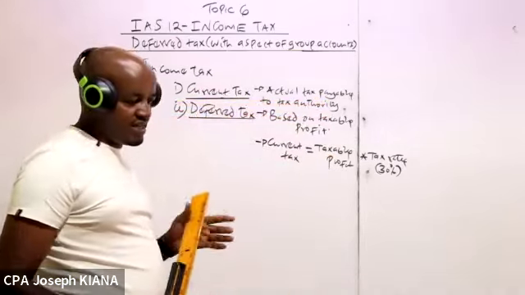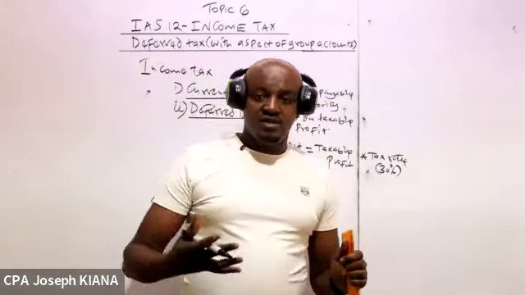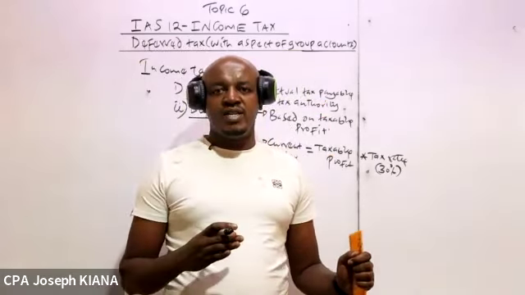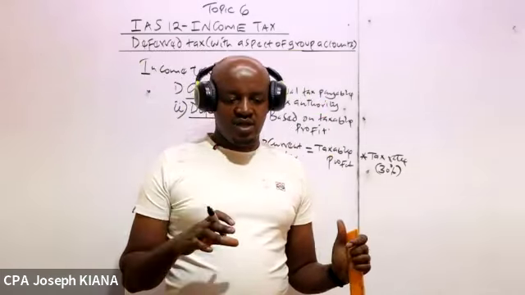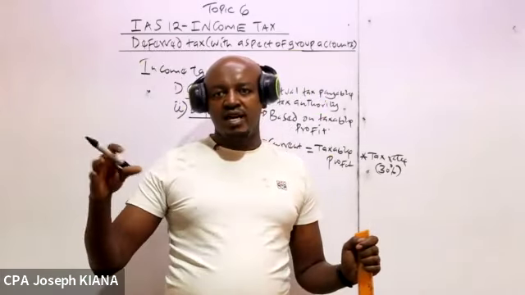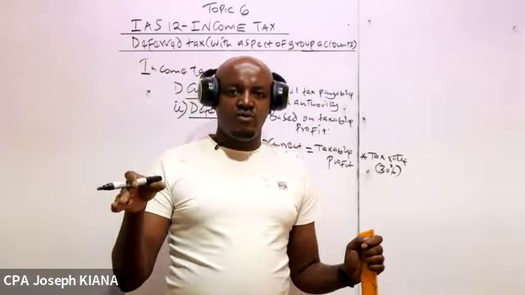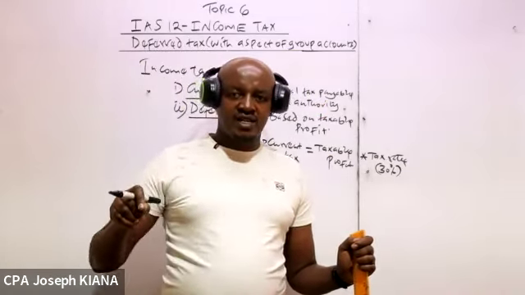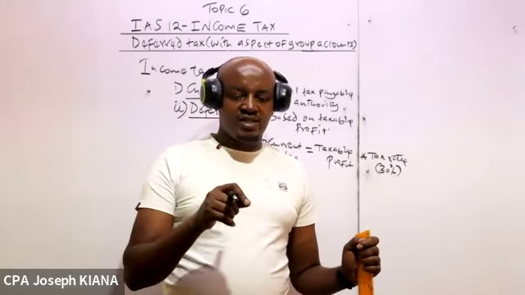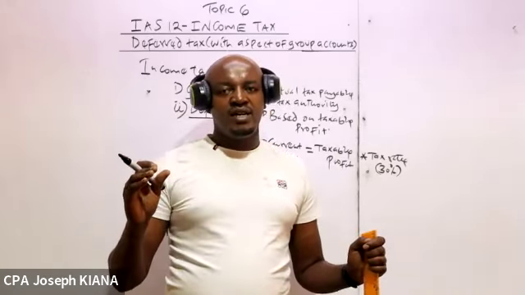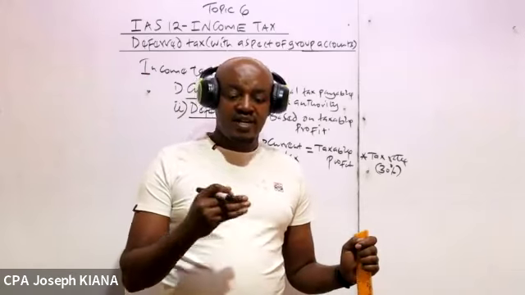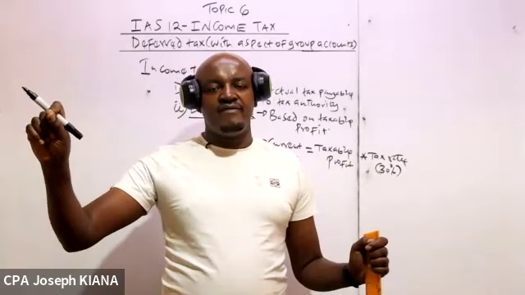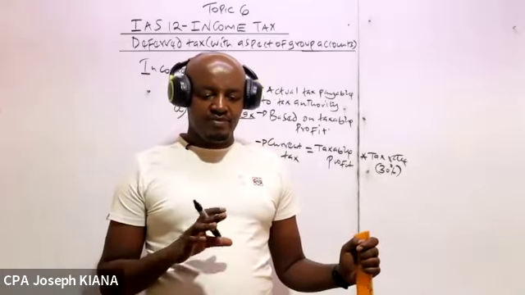Deferred tax, as the name suggests, is a tax which will be payable by the company in the future, or in other terms, a tax recoverable by the company in the future, because we have both deferred tax liability and deferred tax asset. Deferred tax liability is that tax payable by the company in a future period, and the deferred tax asset is that tax which the company is supposed to recover in a future period.